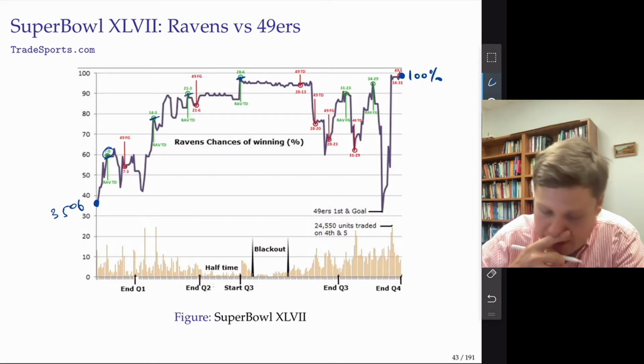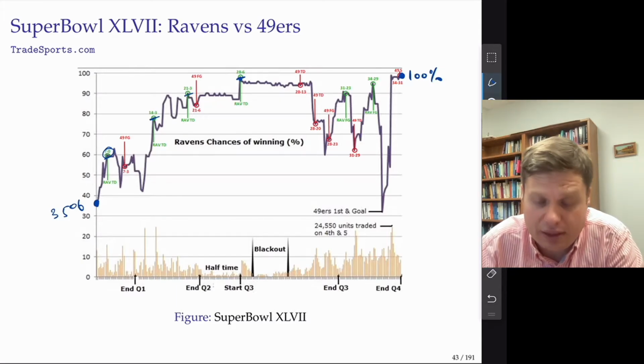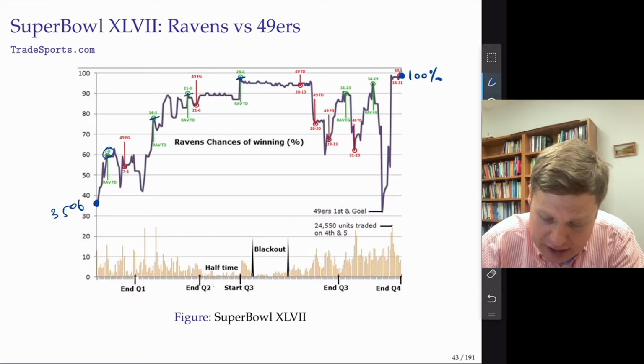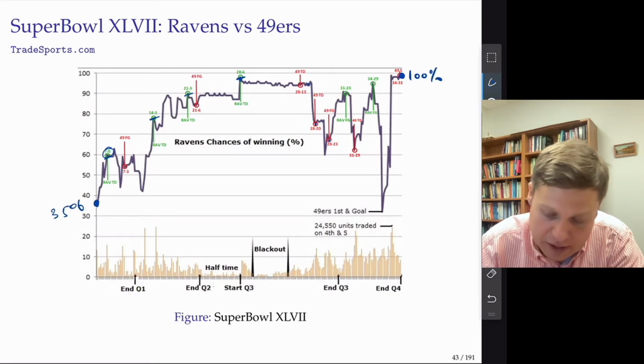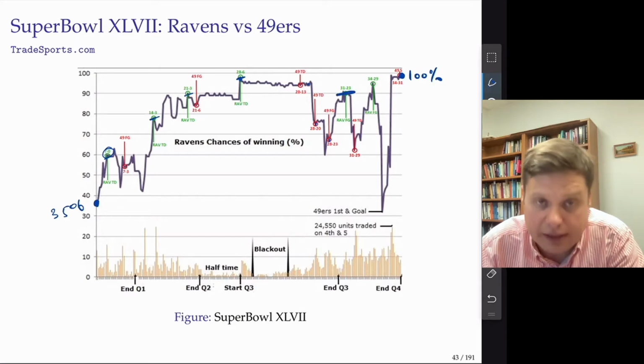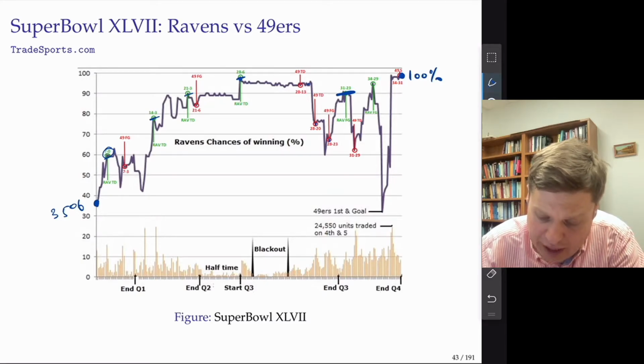And then you have this blackout period when this graph was not updated, and it pretty much stayed the same until the 49ers scored. The 49ers had a field goal, so the chances went down again, and then the Ravens scored here again, and the chances went up again. Then the chances went down significantly when the 49ers scored their first goal, in the fourth quarter, right before the end of the game.